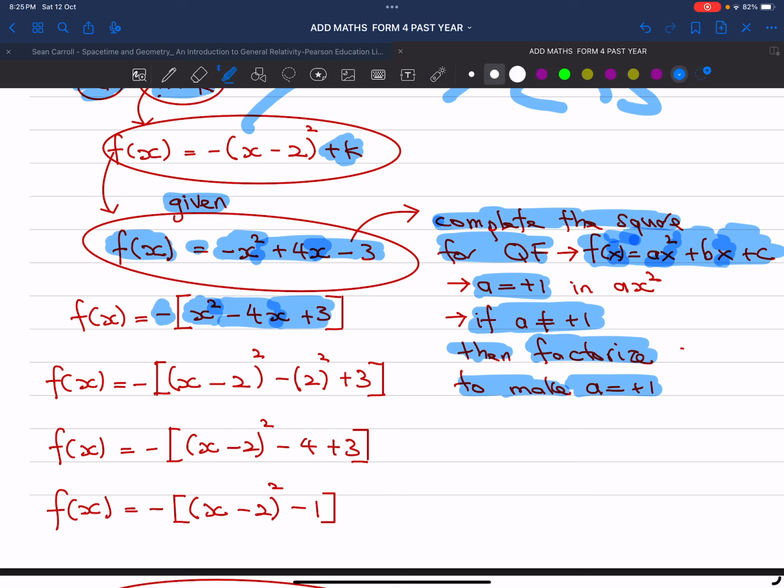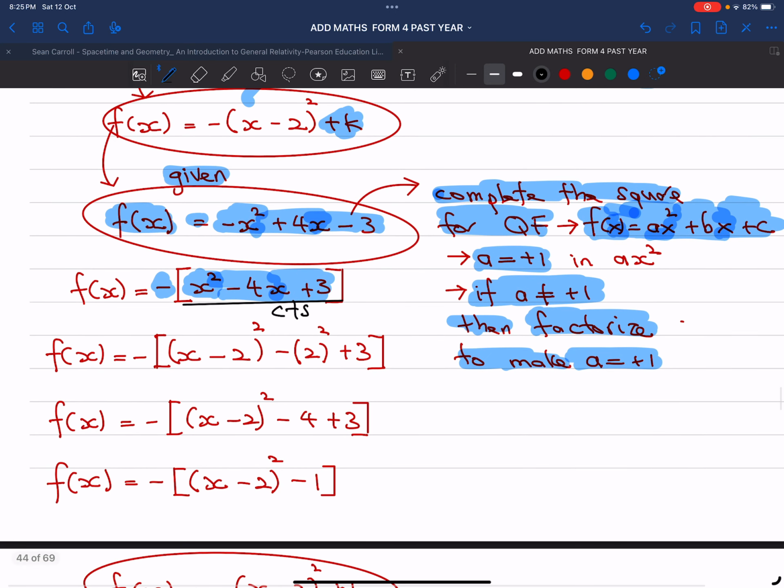We are going to complete the square inside the brackets only. And how do we complete the square? First of all, the negative, I put back negative, and then you put the brackets, and now we are going to complete the square. X squared becomes x, minus, you put minus, the number in front of x, 4, you must divide by 2.